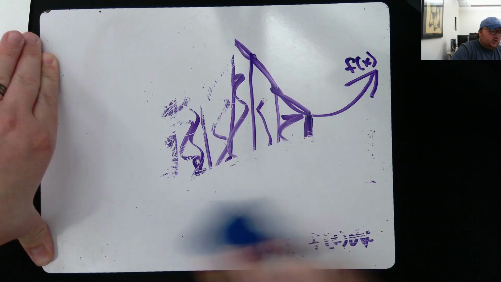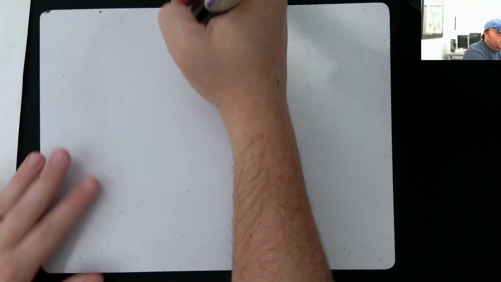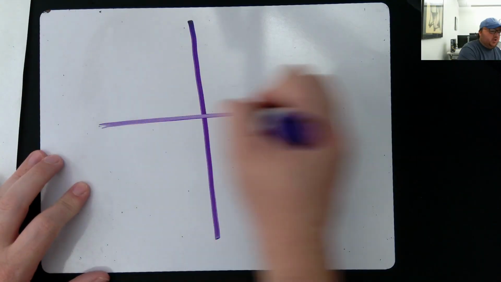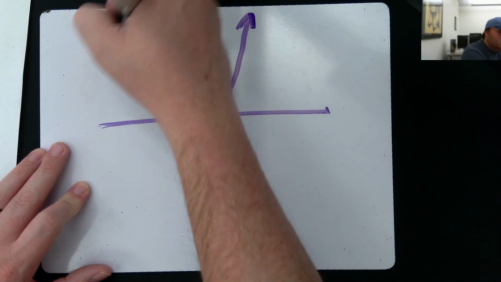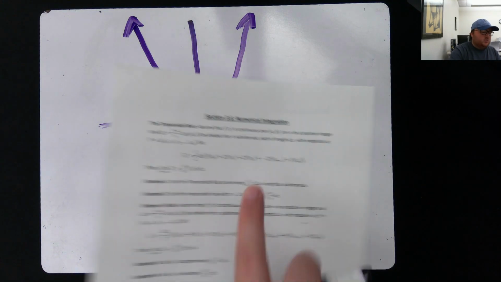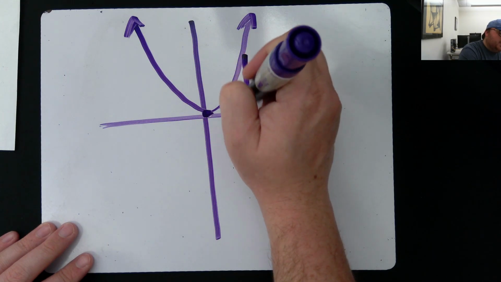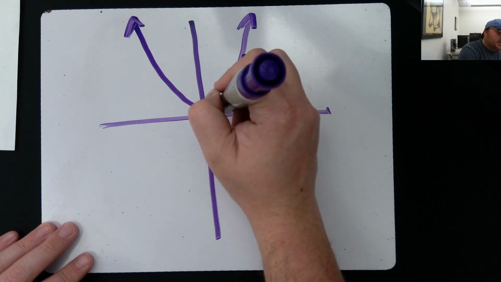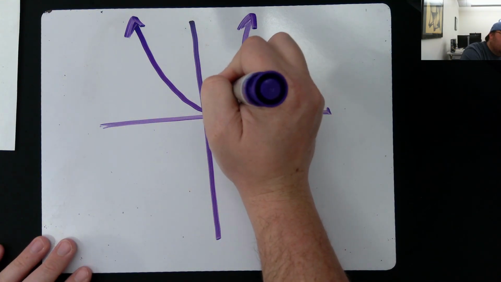Just to draw what I mean, you don't have to actually draw these out. I'm just trying to show you what I want us to do. The graph of x squared is like this. I'm going from 0 to 1. Let's say 1's right here. And I want to split this up into four parts.